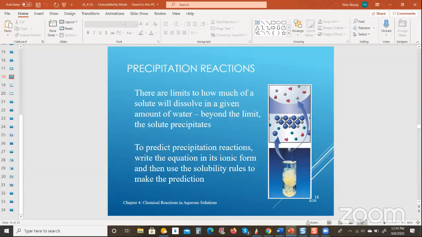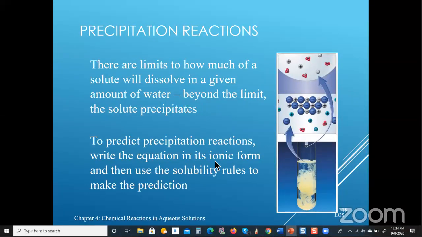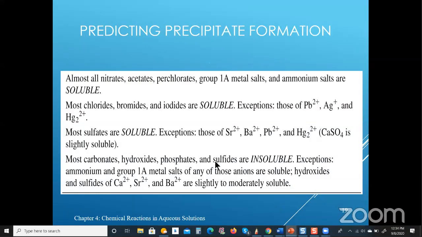Okay, so what we're going to look at with regards to precipitation reactions is a couple of things. How do we predict a precipitate being formed? Now, in your packet in Canvas, in that packet of tables, you're going to have a page which contains this information right here. This is used basically to predict whether or not a precipitate will form.